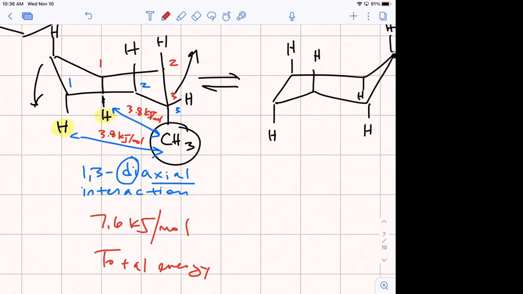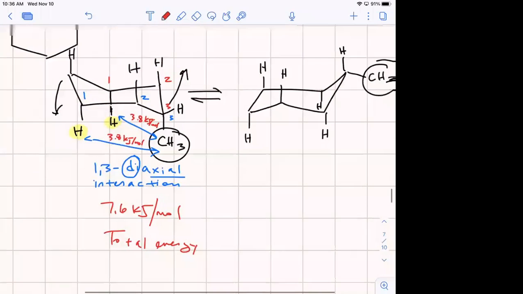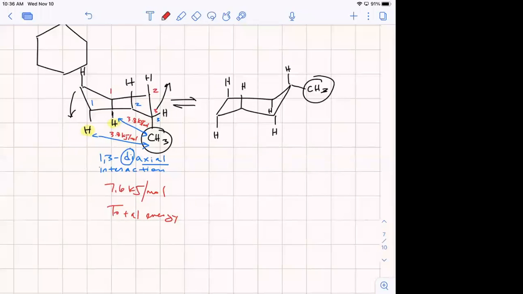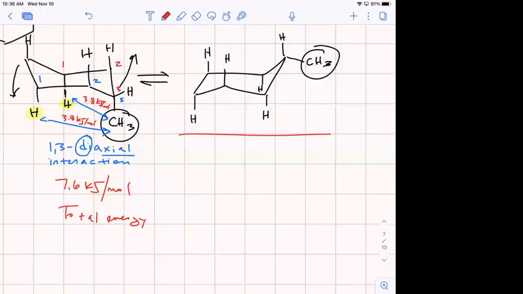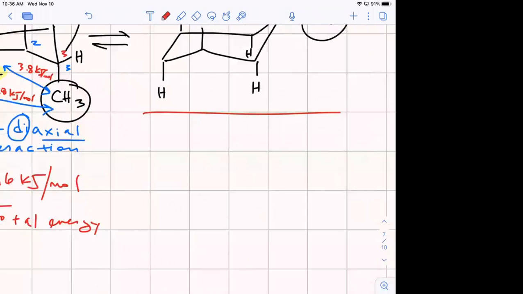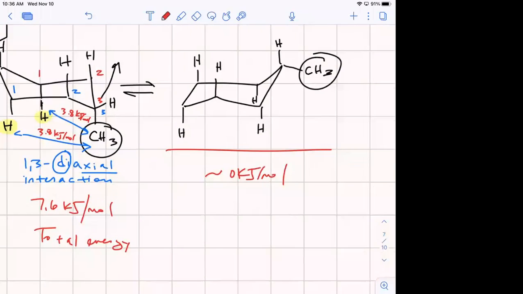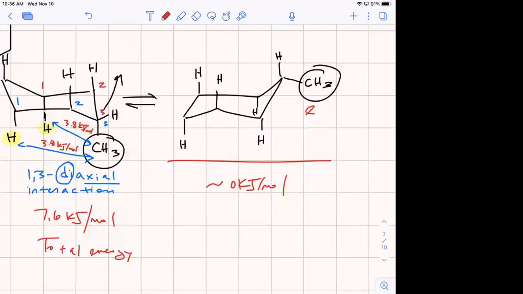So if it's 7.6 kilojoules per mole, when I do the ring flip, which is what's necessary to alleviate that diaxial strain, this is what I get, and the energy goes relatively to 0. Since this is now equatorial, it doesn't have those same interactions.